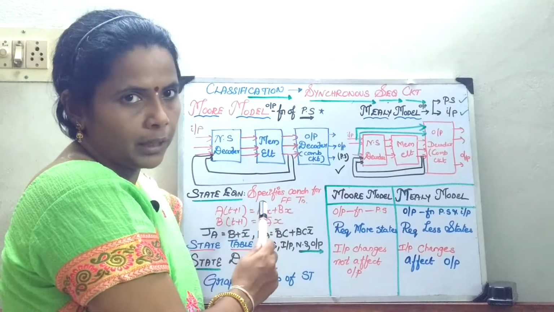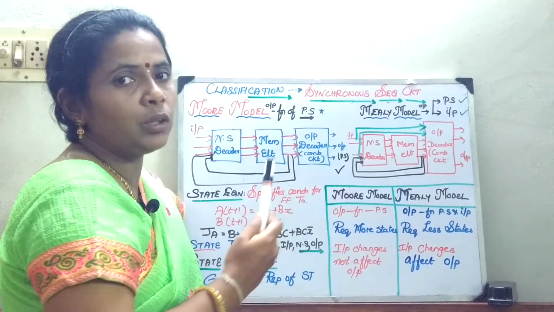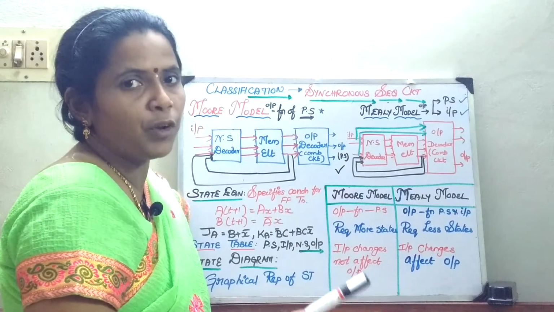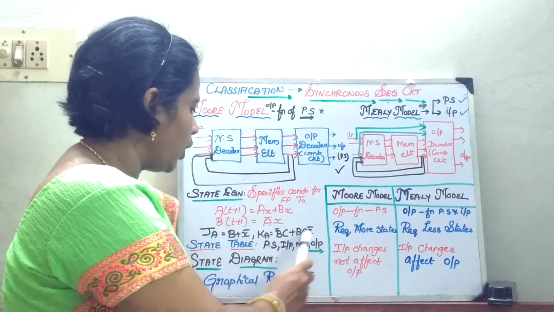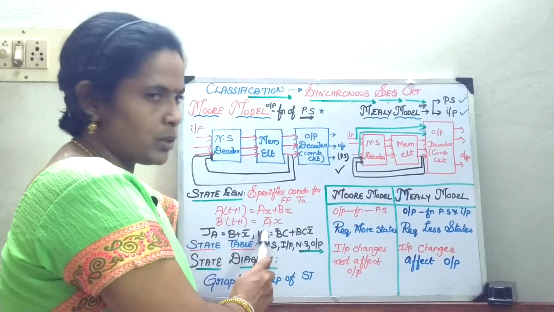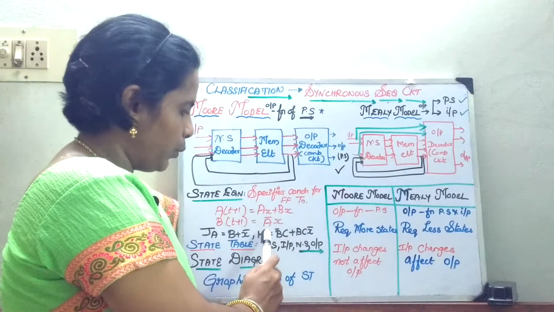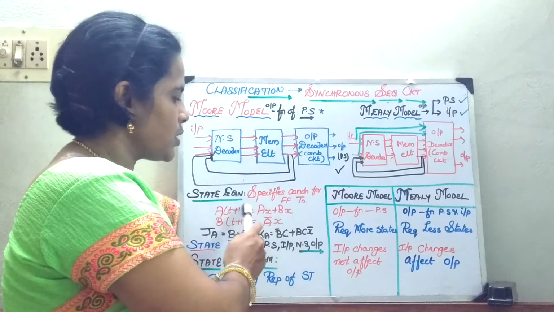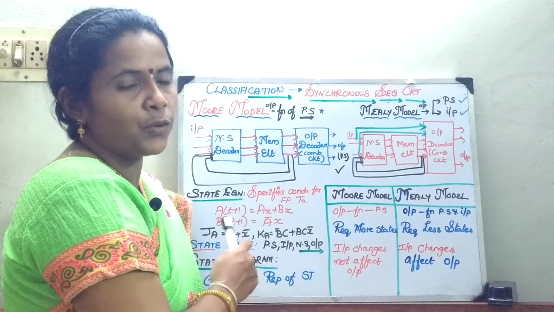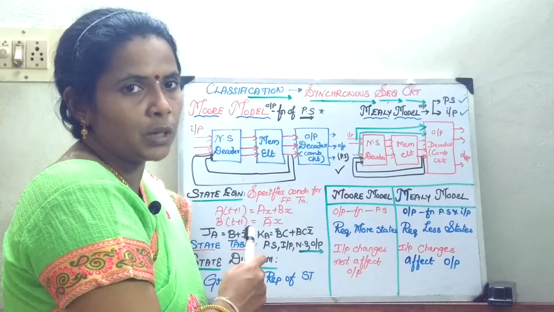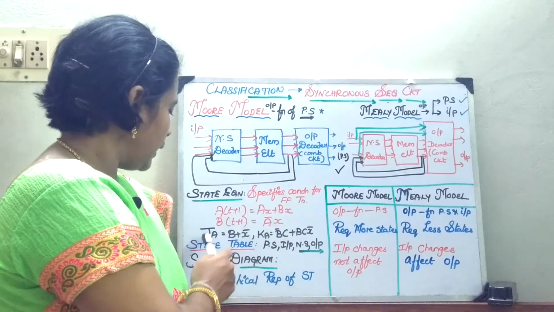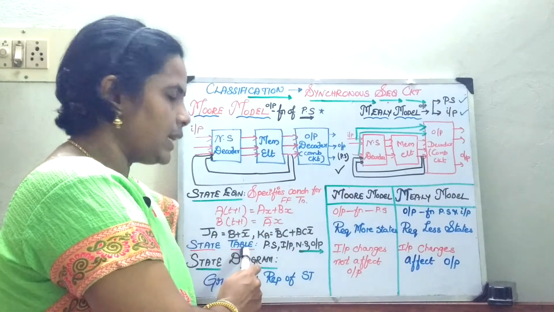With respect to the flip-flop, you are considering either a JK flip-flop, an RS flip-flop or a T flip-flop, and you have to frame your equation for your flip-flop inputs, based on the state transition that is going to take place. For a JK flip-flop, Q of t plus 1 is J into Q bar plus K bar into Q. Like that. Now we will move on to the state table.